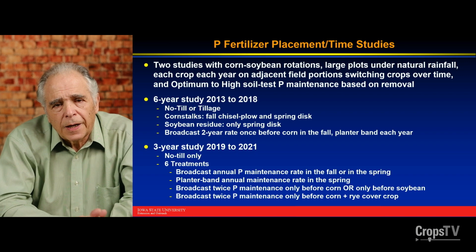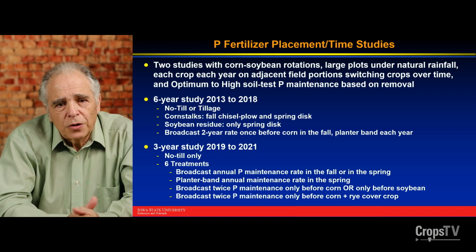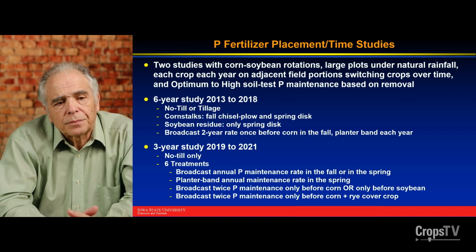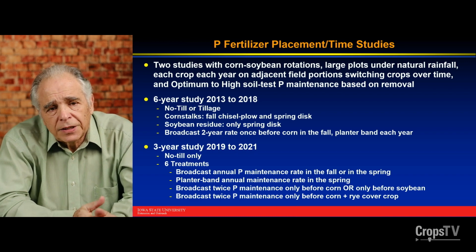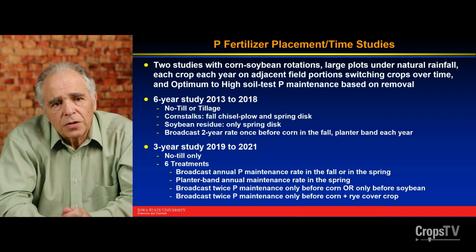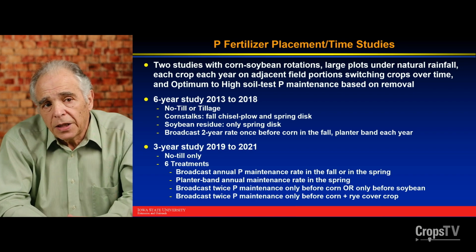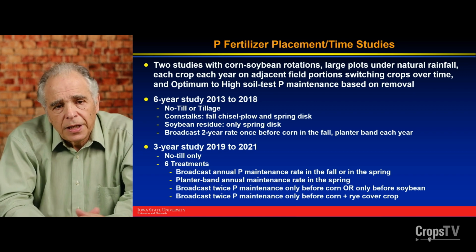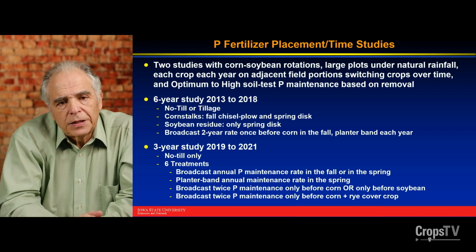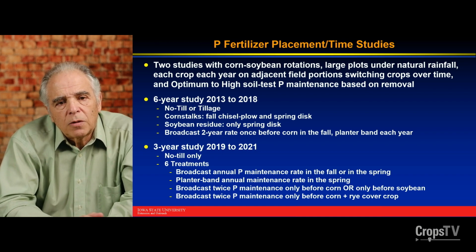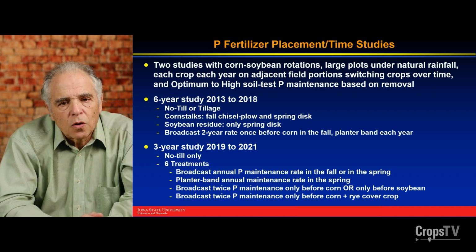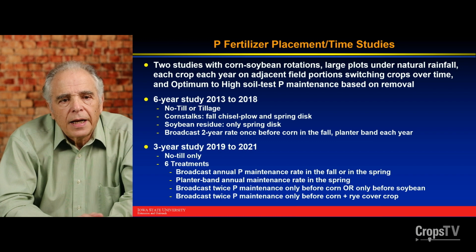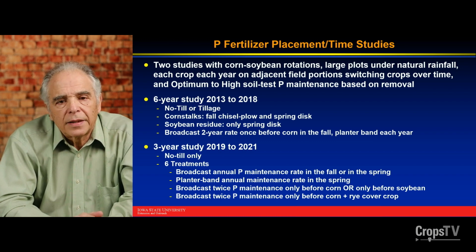So in Iowa, we were lucky that we have two major studies. One was from 2013 to 2018, and this study was on one site. We had 6 years of corn-soybean rotations, with no-till and tillage. We did the most common tillage system for each crop in Iowa, and then we broadcast the 2-year rate once before corn in the fall, and also planter band each year.